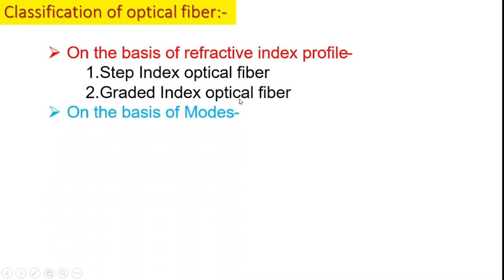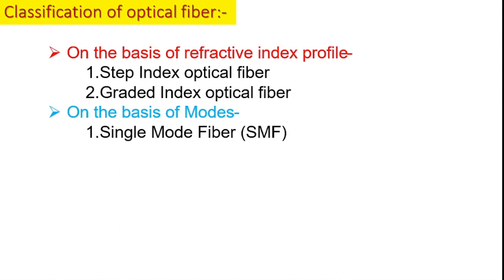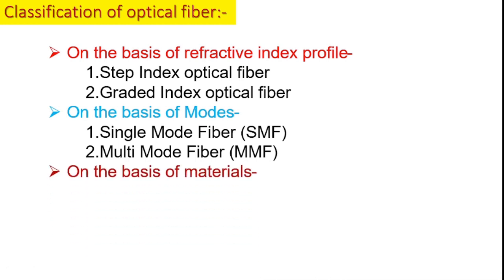And again, when we classify optical fiber on the basis of modes, it is of two types. First one is single mode fiber, denoted as SMF, and second one is multi-mode fiber, denoted as MMF. And according to the material used to manufacture optical fiber, it is classified in three categories.